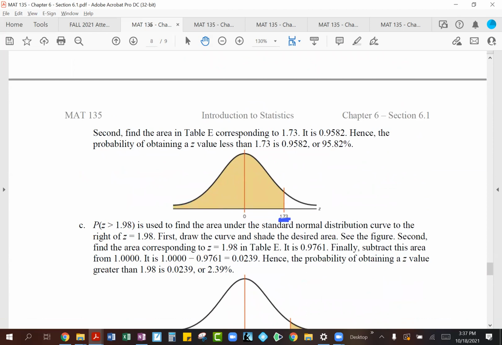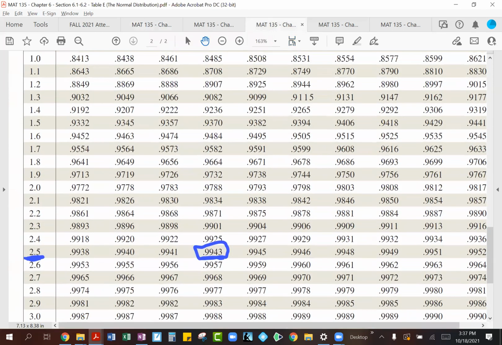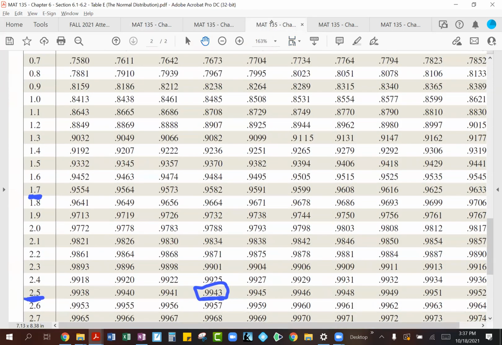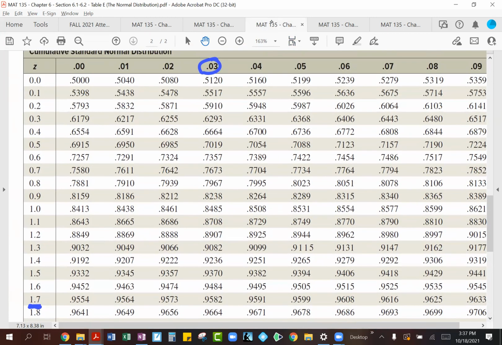So if you look at 1.73, again, we will do 1.7 on the left. The 3 will come on the top, just like you did in the previous example, and then find where these two lines meet. And you will see this comes out to be 9582.